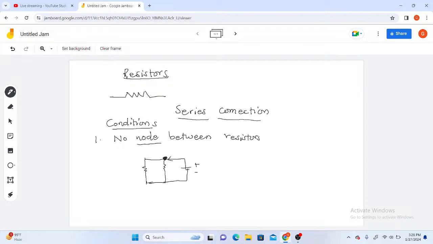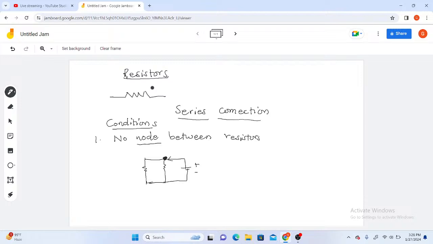At this point, we call this a node. So a node is a point in an electrical circuit where a current makes a decision, or where current splits or combines. As I said, the condition for series connection is there shouldn't be any node between the two connected resistors before we say that the two resistors are in series.